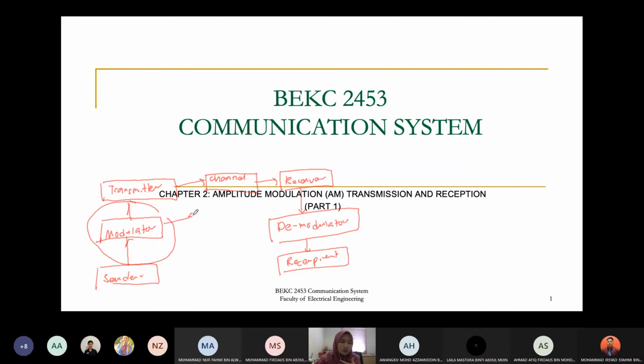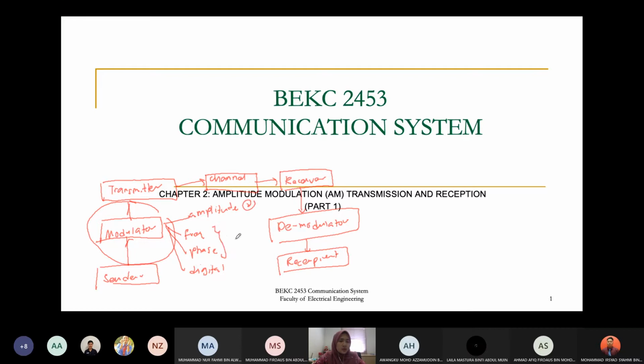We have amplitude modulator, frequency modulator, phase modulator, and we also have digital modulator.